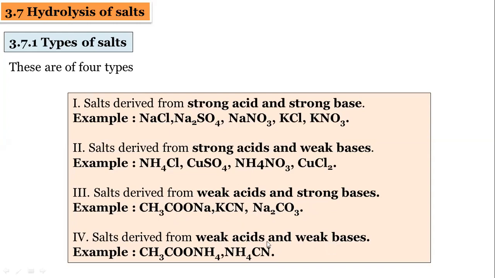So these are the salts prepared from weak acids and weak bases, CH3COONH4, NH4CN. So today we have to prepare this chart and paste it in your study room, because this is very important for the board examination. Types of salts and these examples can be asked in the examination.